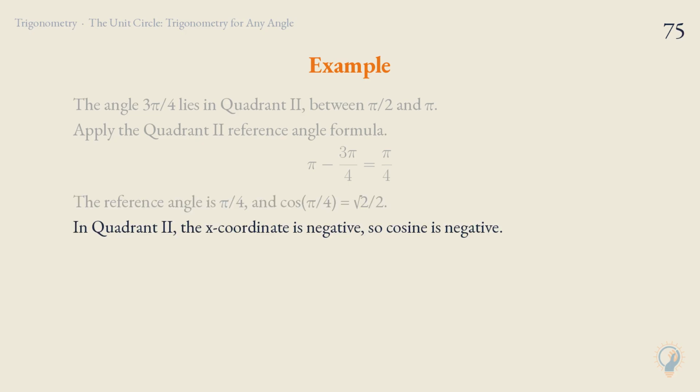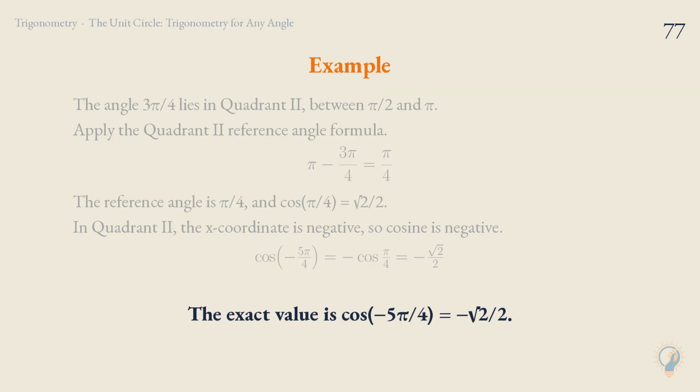In quadrant 2, the x-coordinate is negative, so cosine is negative. Therefore, cosine of negative 5 pi over 4 equals negative cosine of pi over 4, which equals negative square root of 2 over 2. The exact value is cosine of negative 5 pi over 4 equals negative square root of 2 over 2.